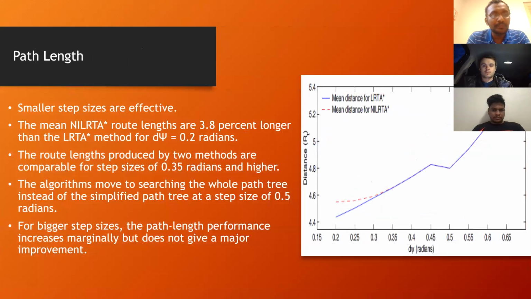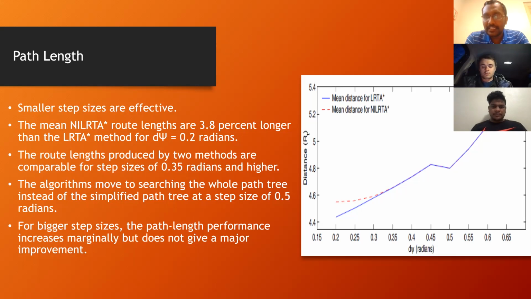On the path length, the graph compares the two different search algorithms. Here we can see the step size increasing from 0.45 and 0.5 on the x-axis, and the distance on the y-axis.